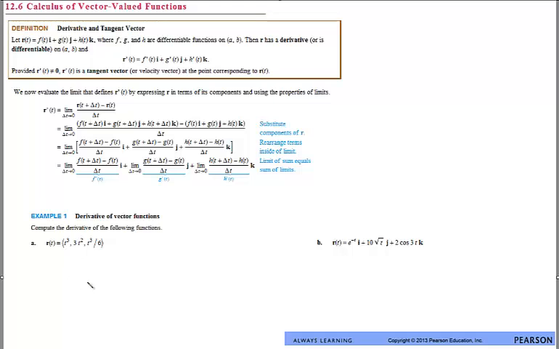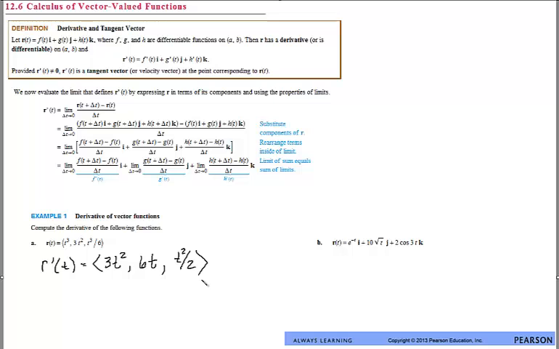First step, we're to compute the derivative for each of these two vectors. R prime of t would then be to just take the derivative of each of the functions for each component. 3t squared in the i, 6t for the j, and then bringing down my 3, that would be t squared over 2 for the k component.